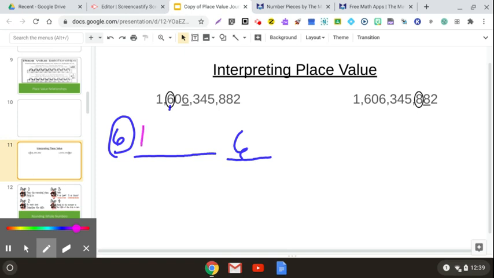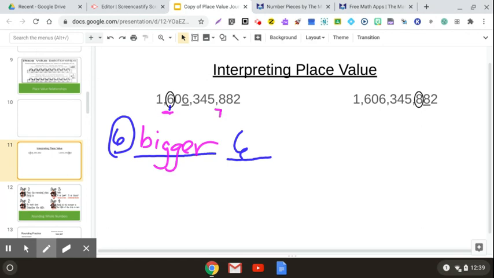I hope you said bigger. Because look, it's over here. It's closer to the, let's see, that's thousands, millions. It's closer to the billions than the underlined one. So it's bigger. In fact, look, it's 100 times bigger.